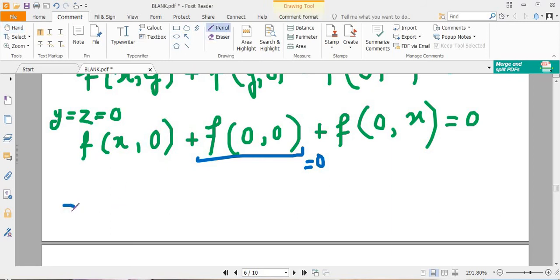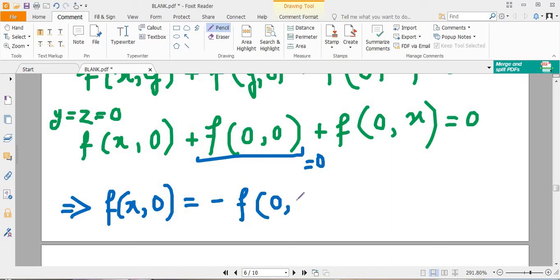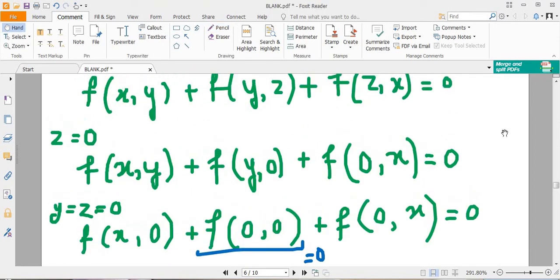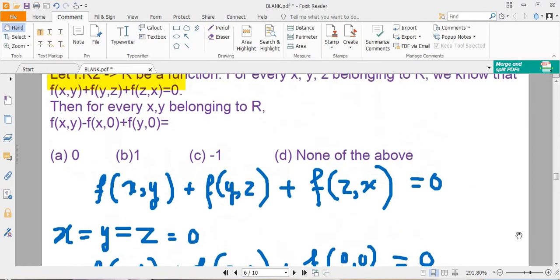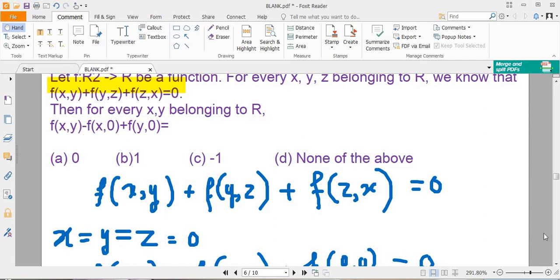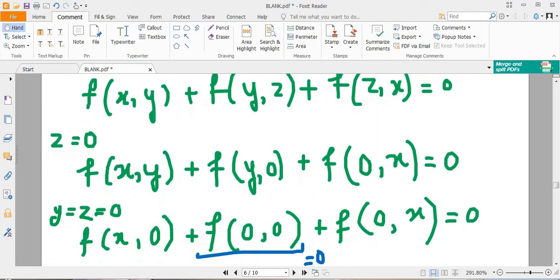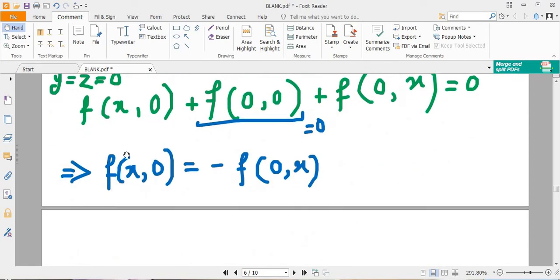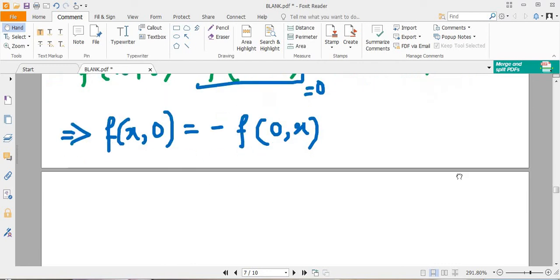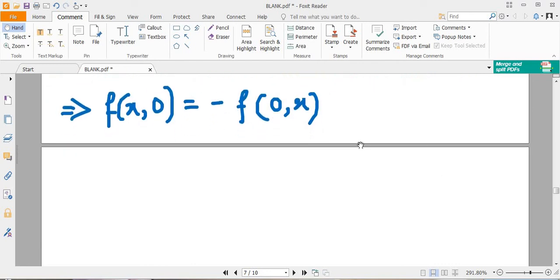So f(x,0) is equal to minus of f(0,x). Or, since in this expression we had minus f(x,0), I can very well write minus f(x,0) is equal to f(0,x), right?